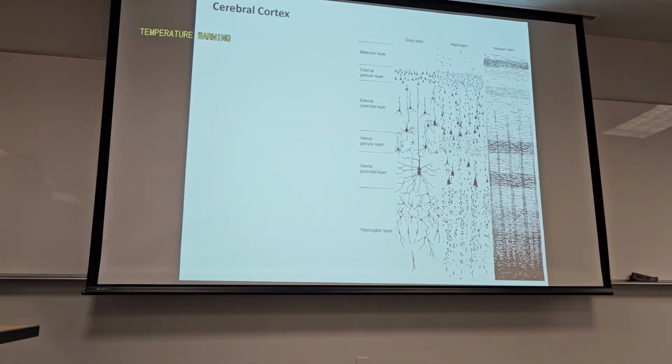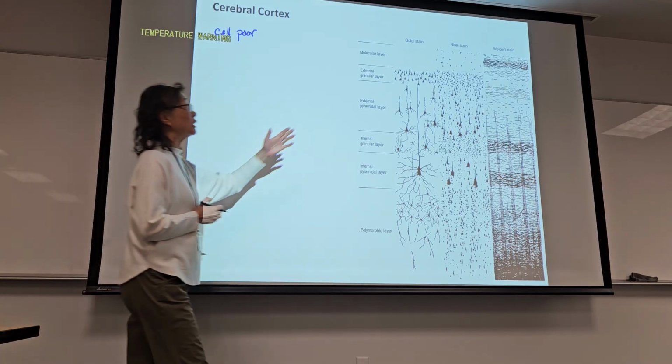Now, going into the 6 layers, we're going to talk about each layer. I will write, it will come out sloppy, but try to just hear my description and make your notes this way. The molecular layer is a very cell-poor layer. There's mostly dendrites and axons in it. So you can see here when we look at the Golgi, there's really nobody there.